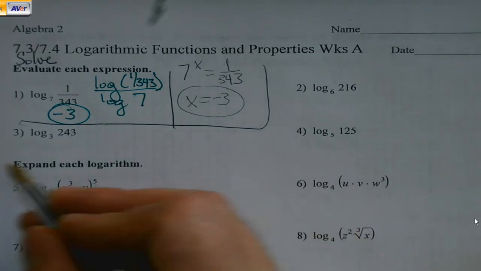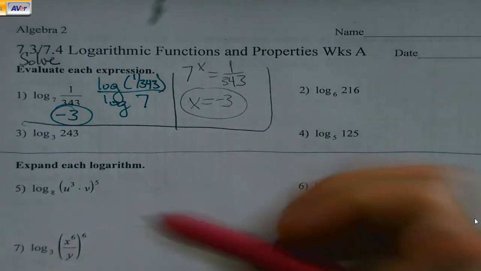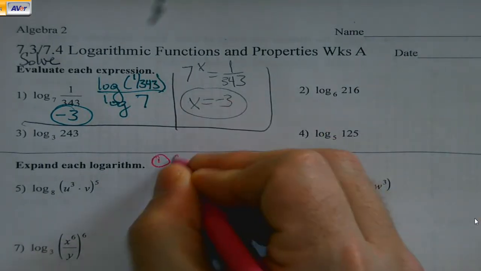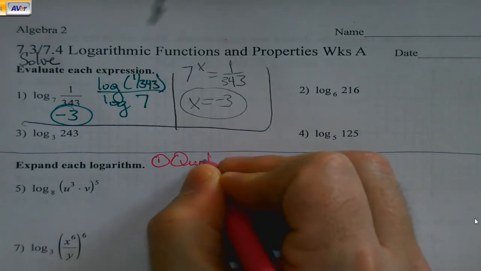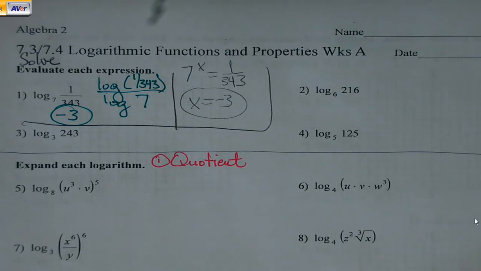When we get down to the next piece, expanding and then condensing our logarithms. We chatted a bit yesterday about there's a 3-step plan that we're going to work with here. When we're looking at these, we're going to check out the quotient or the divide part first.